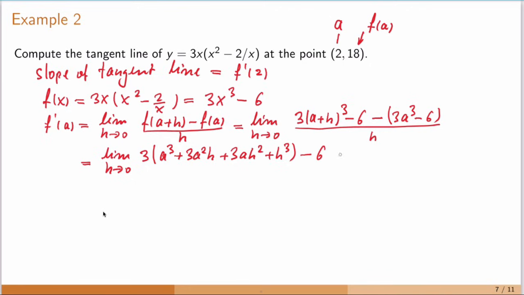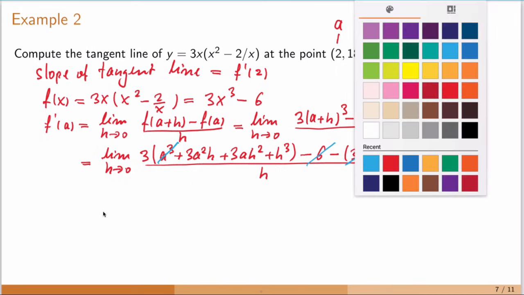And then you have the minus 6, and then there's a minus 3a cubed minus 6, divided by h. And then again, as in the simpler example before, there are terms which cancel. So for example, quickly see that the 6 cancels, right? Here's a minus, and another minus is a plus 6, and there's a minus 6. And then the 3a cubed cancels with the first term here. Alright, the other terms stay.